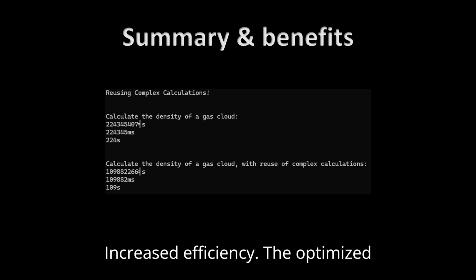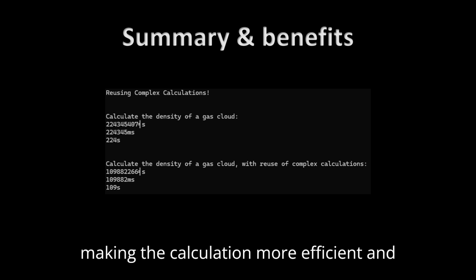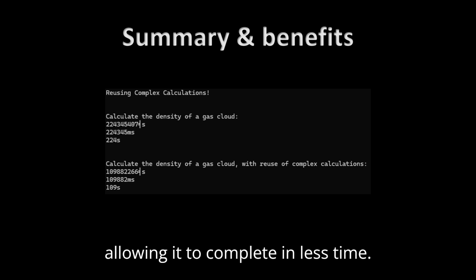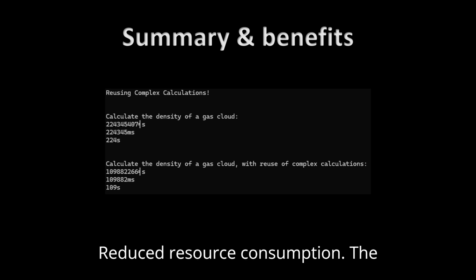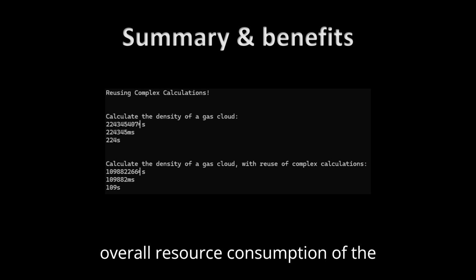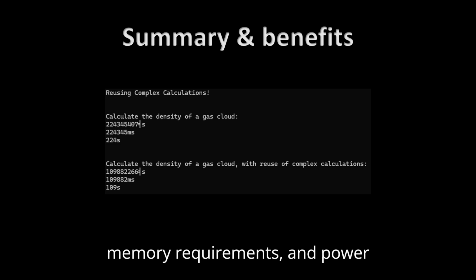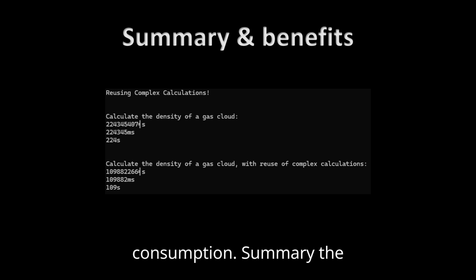Increased efficiency. The optimized approach reduces computational overhead, making the calculation more efficient and allowing it to complete in less time. Reduced resource consumption. The pre-calculation can potentially reduce the overall resource consumption of the algorithm, such as CPU usage, memory requirements, and power consumption.